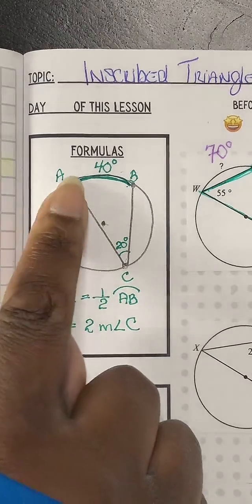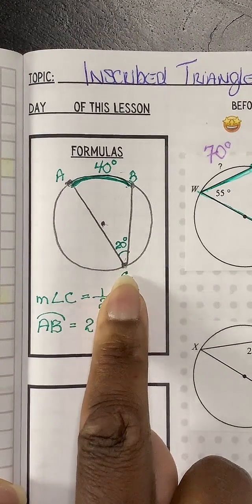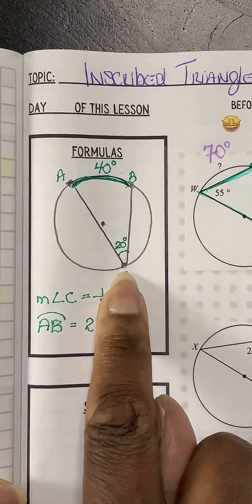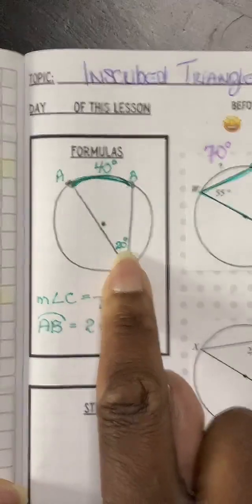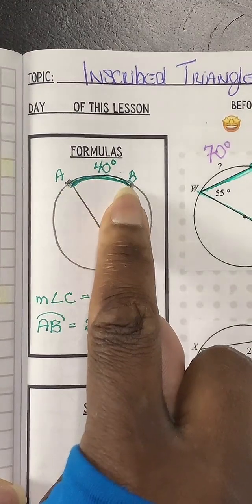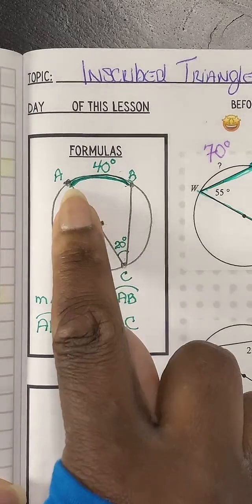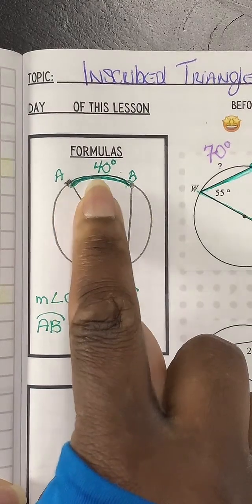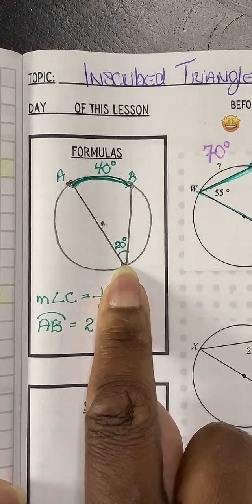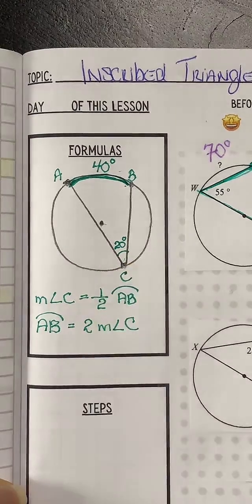But in this case, our vertex is on the circle. When you have it like this, the angle measure is half the measure of its arc. So if they give you the measure of the arc, you're going to take half of that to find the angle measure. This is what's called an inscribed angle.